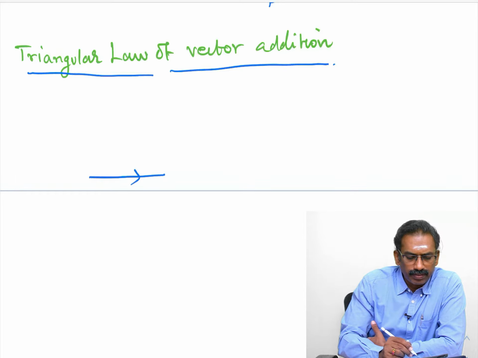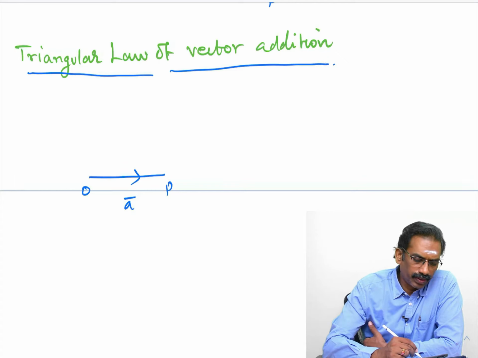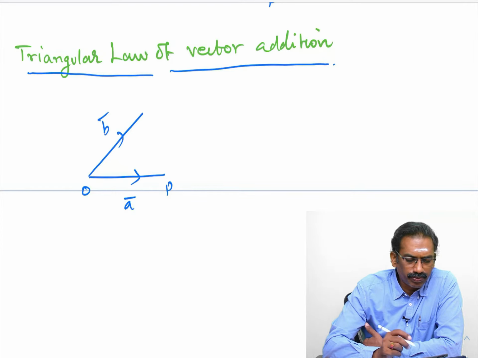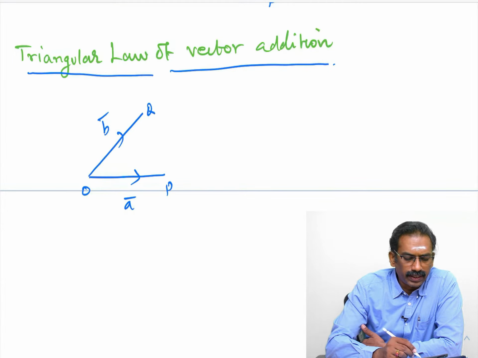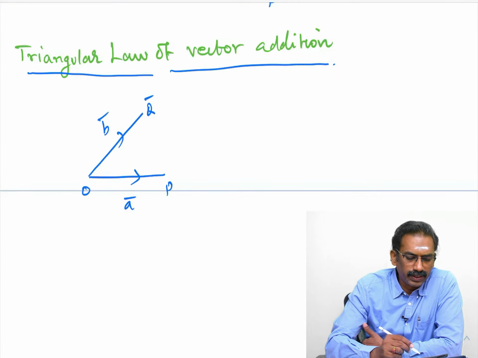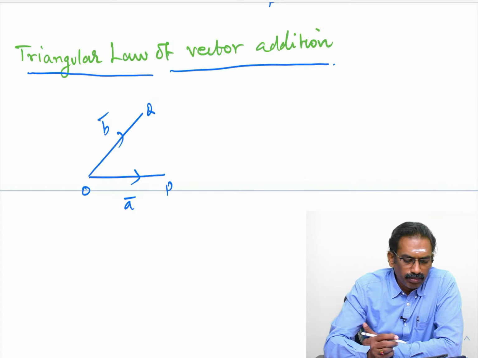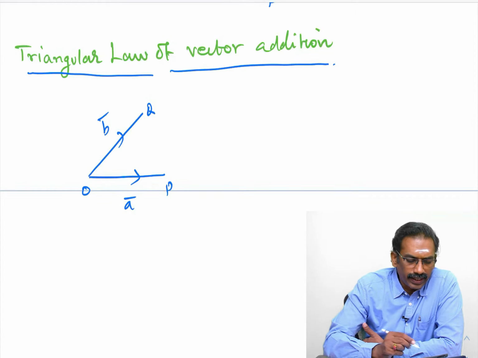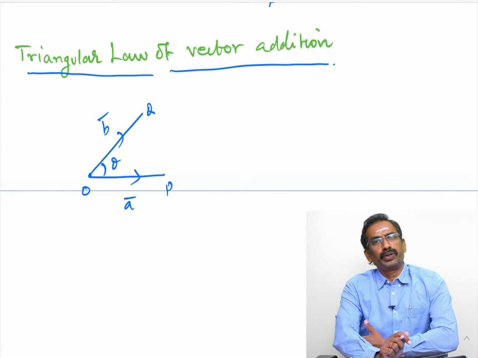This is A vector, OP is A vector, this is B vector, OQ is the B vector. Both are acting at an angle theta with each other. They are acting at the point O.